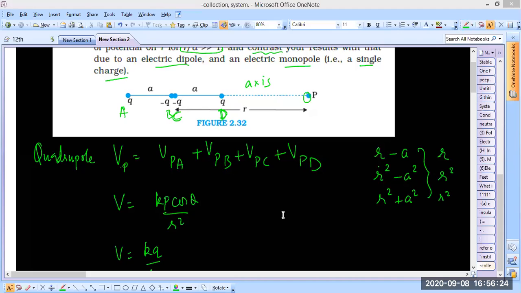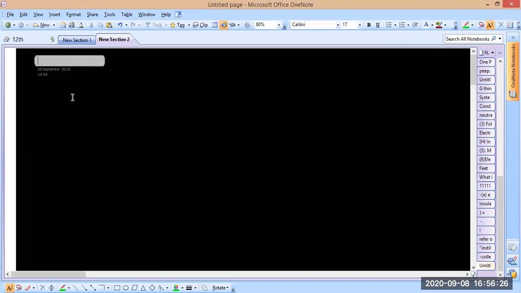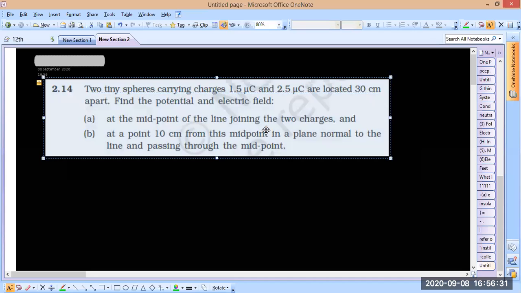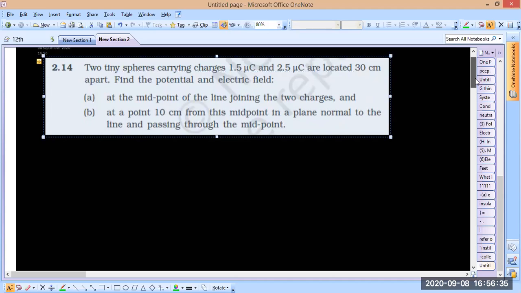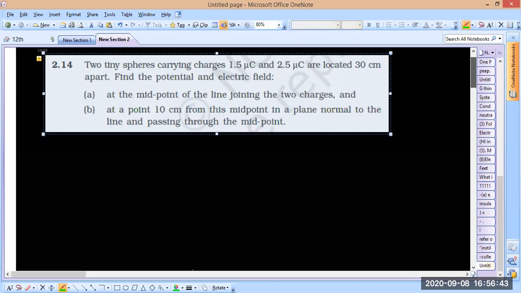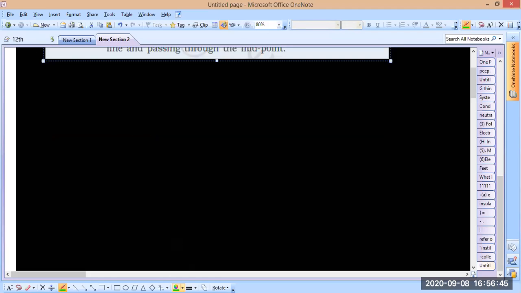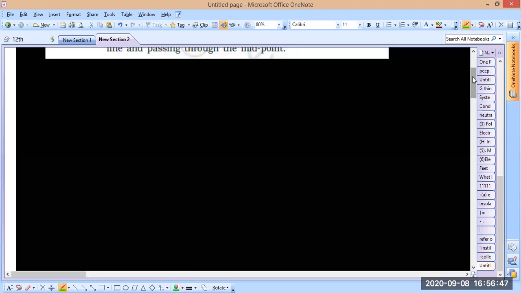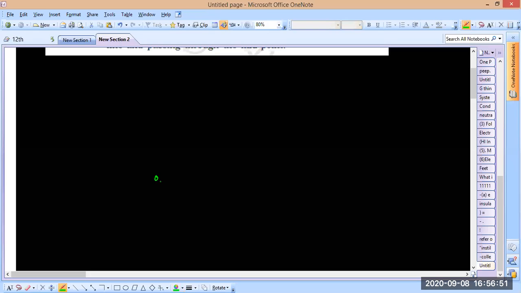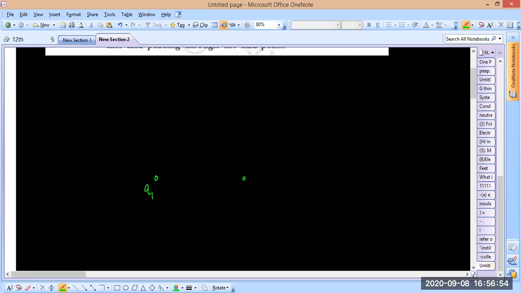We're going to solve question 14 from the second chapter's exercise. This is part B only. The problem with part B is that the point is 10 centimeter away from the midpoint. So here are just two charges. Let's say this is Q1 and here is Q2.